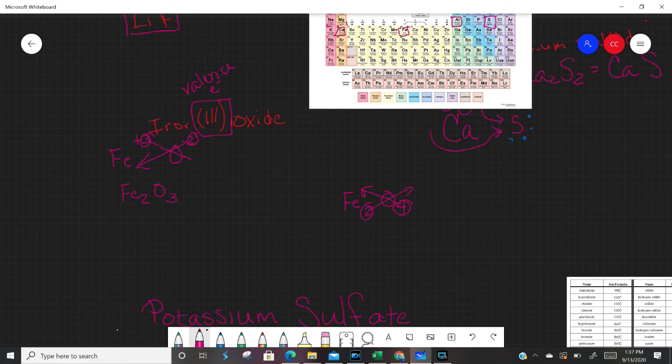Some of the others will have it sometimes, and it has to do with those D shells. So this is a +4, a -2. So iron 4 oxide.